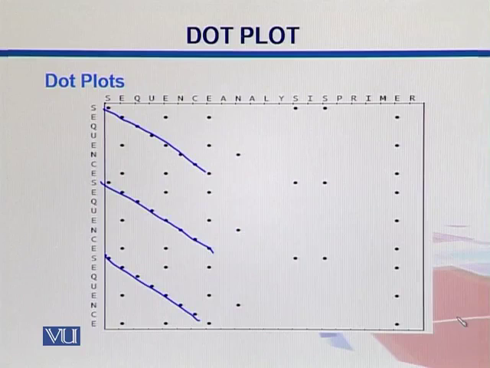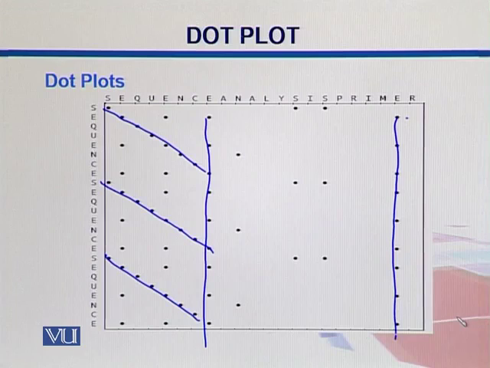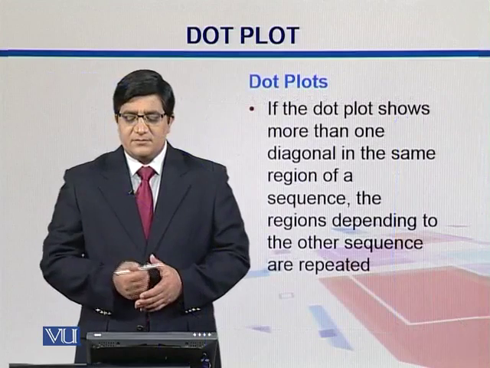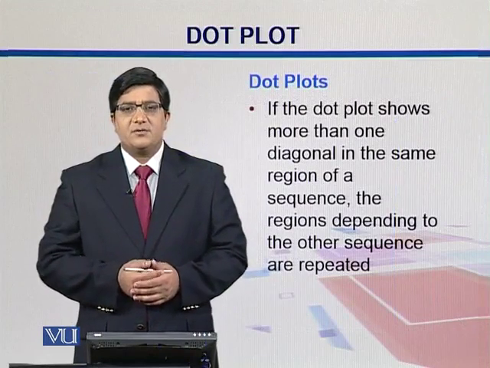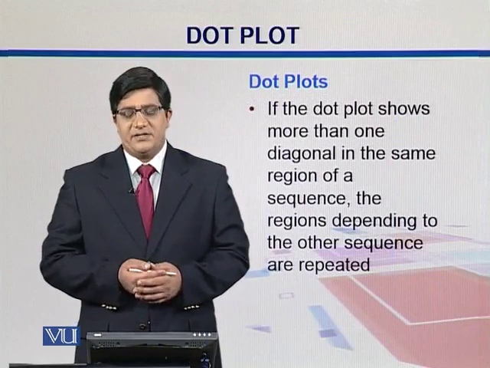So we have direct repeats. In the same way, we can look into the occurrence of some elements: how many times do we see those E's in the other one? We can see it over here. For individual nucleotides, we can also look into their occurrences, and we see a lot of the letter E. If there is more than one diagonal in the same region of a dot plot, we can see that there are more repeats in that region.